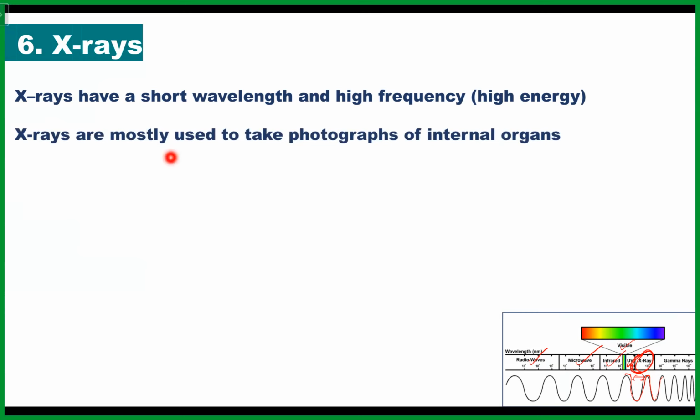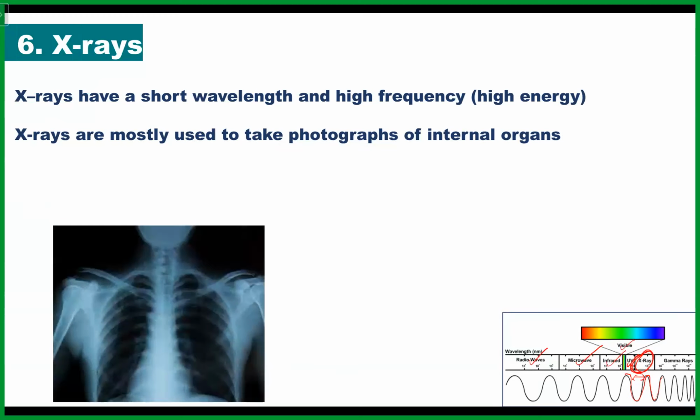X-rays are mostly used to take photographs of internal organs. So let's say that someone has had a fall and it is suspected that the person has a fracture or a broken bone. Then it would be recommended to take an X-ray photograph of the internal organs.